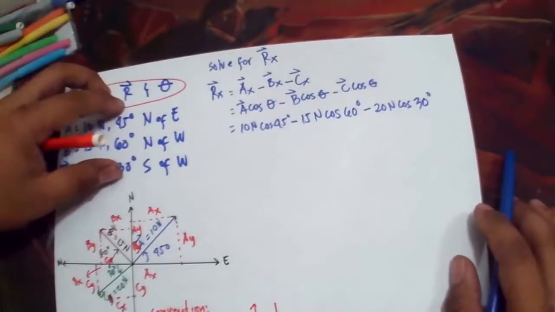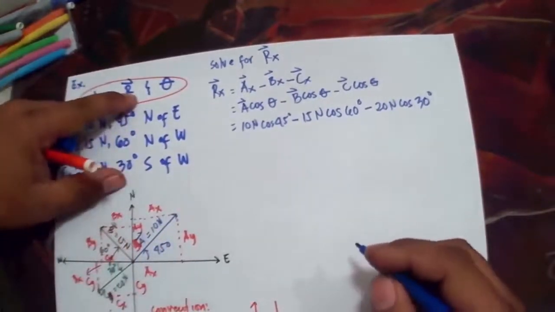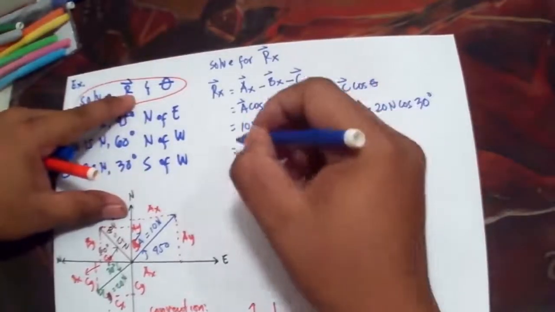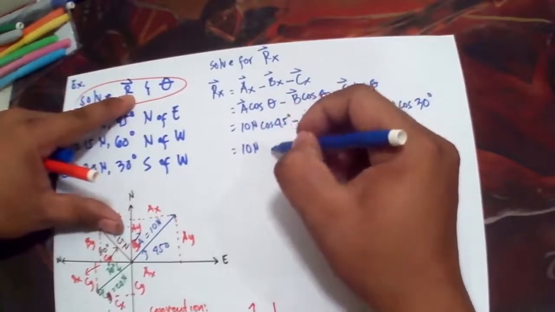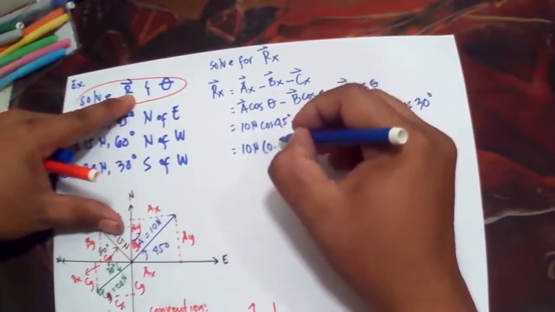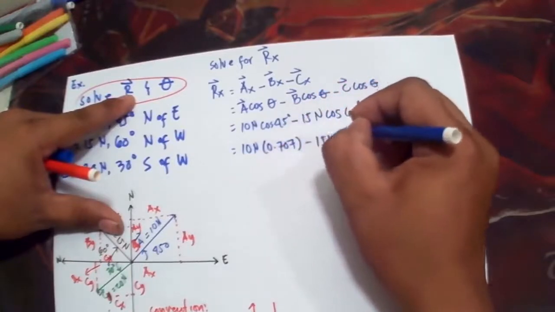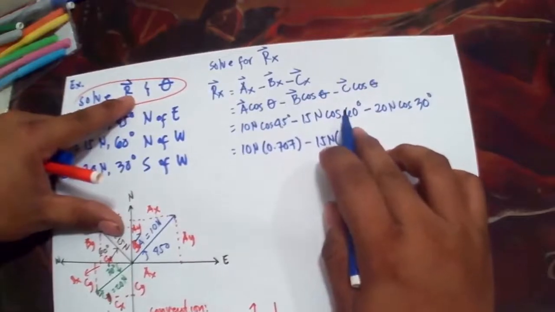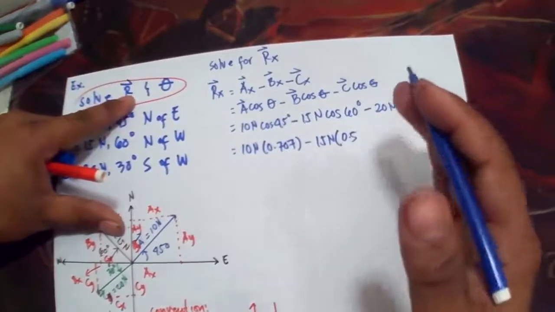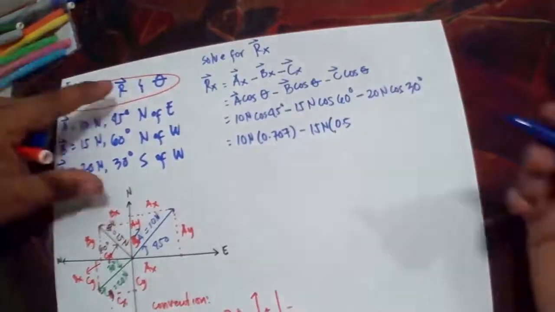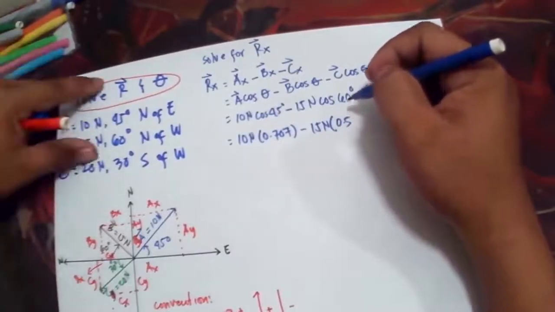In my calculator, the value that I have computed is this: 10 newtons, cosine of 45 is equal to 0.707, minus 15 newtons, cosine of 60 degrees is equal to 0.5. Try to recheck this one, class, so that you can also practice your calculator.